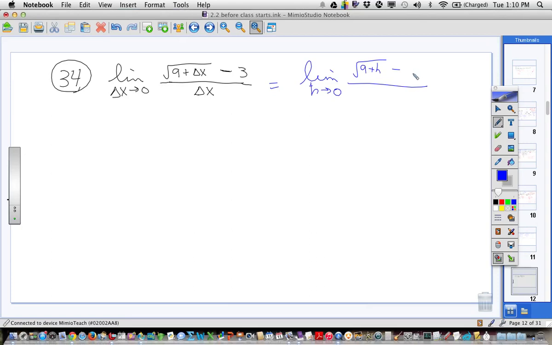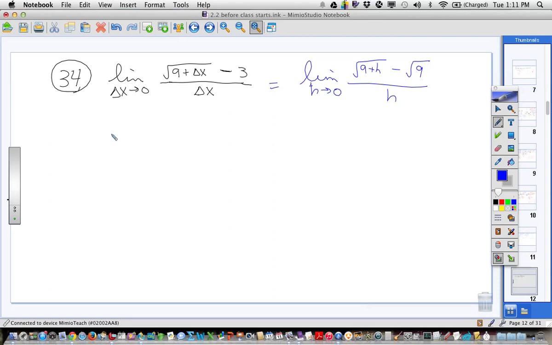And actually, I'm going to change the 3 also. I'm going to change the 3 to square root of 9. Now, you're going to wonder where in the world I got that, but you're going to see why that's important here in a second. The 3 is the same as square root of 9. Now, once you see me do that, you probably say, oh, yeah, now that does look a little more familiar.